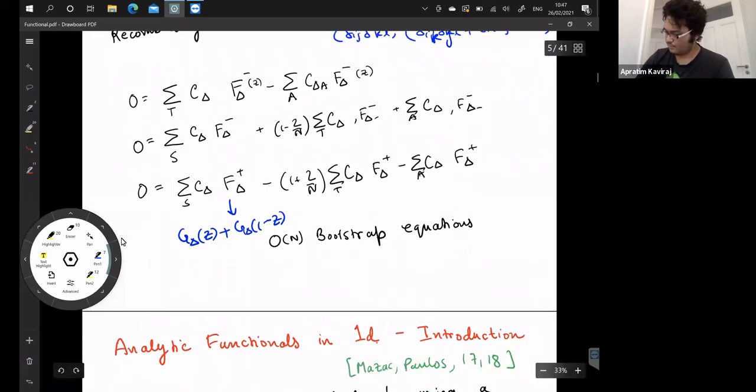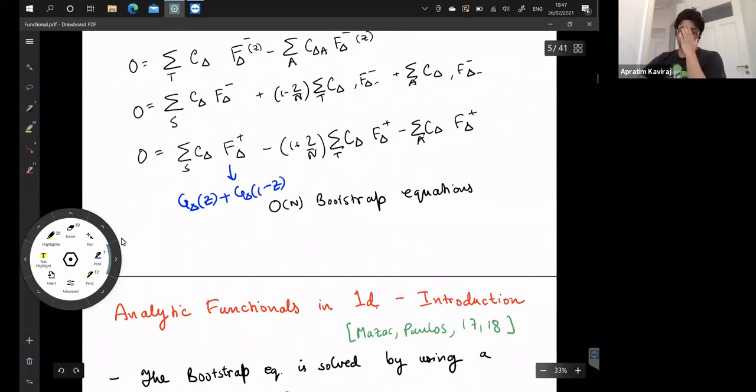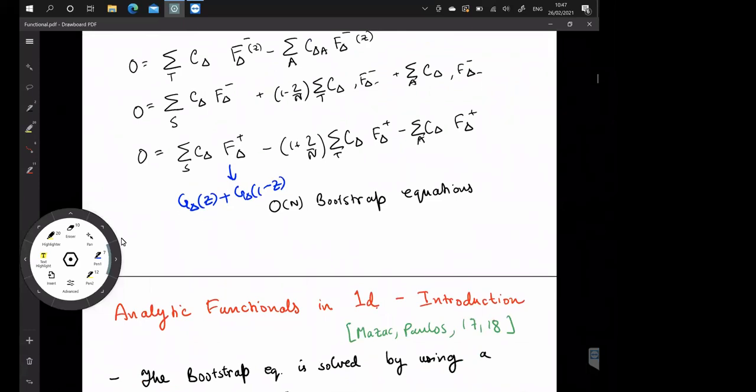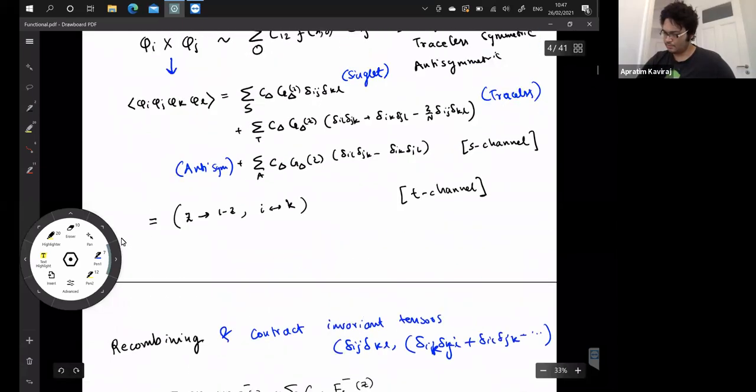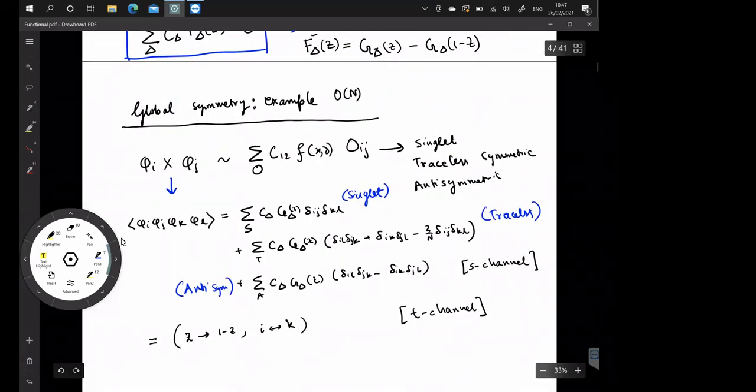Any questions so far? Pratim, can you go to the previous slide? I just want to look at it once. I see. So the first step I understand, you are just decomposing it into reps, the O_ij.